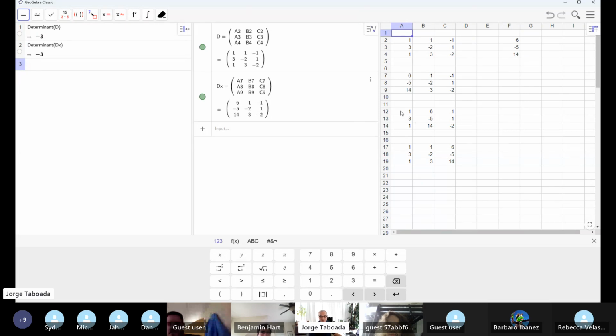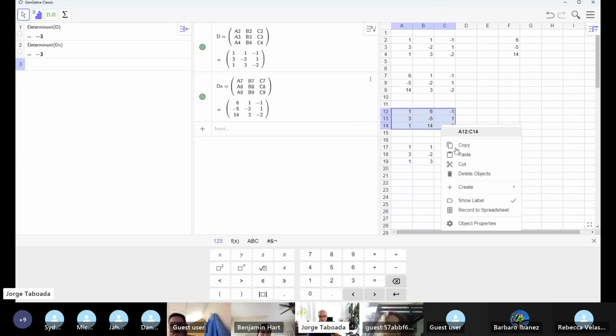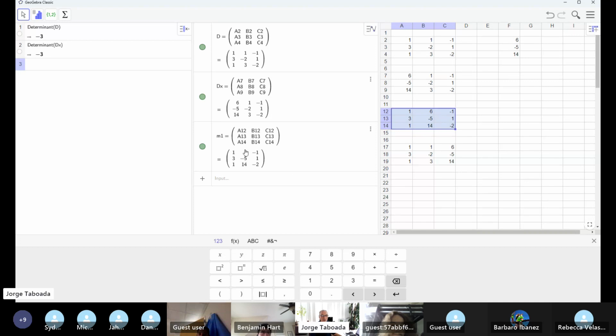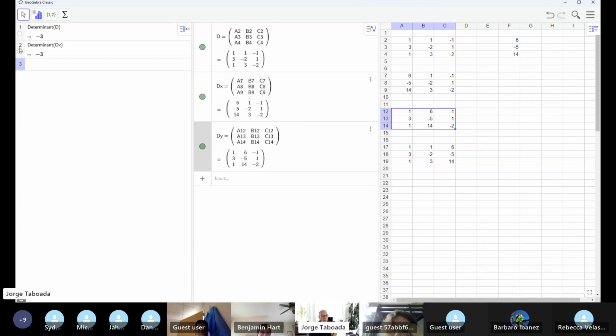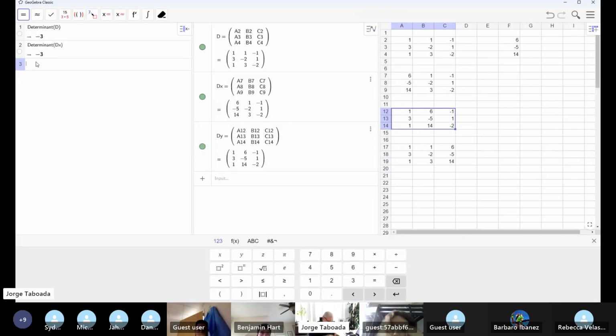Let's do the complicated part. The complicated part is this. Select this, this is dy. Create the matrix. This is dy, rename. Okay. Now the determinant of dy is -9. So therefore y is -9 divided by -3, which is positive 3.